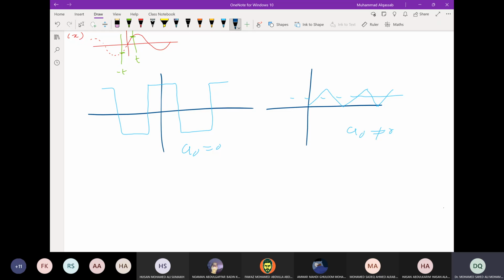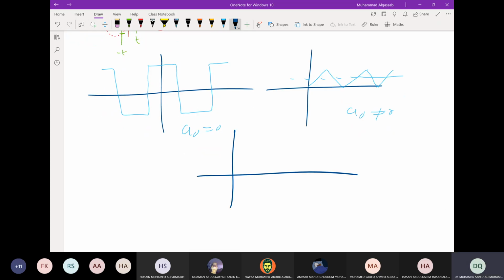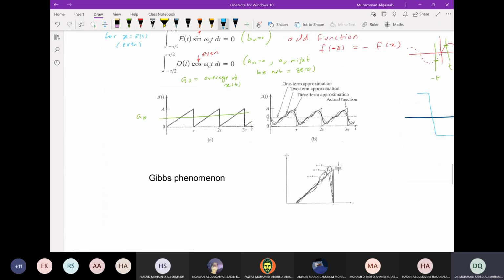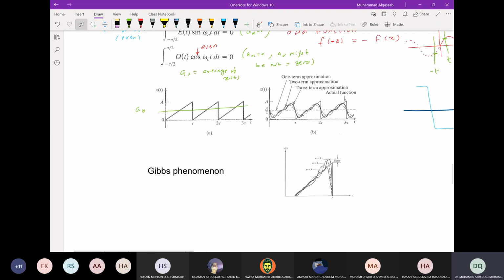If you have a function like this, which is also periodic, A0 here is zero because the positive and negative areas are equal. We will come back to this example and see how we can apply the Fourier series to find the representation of the periodic function.